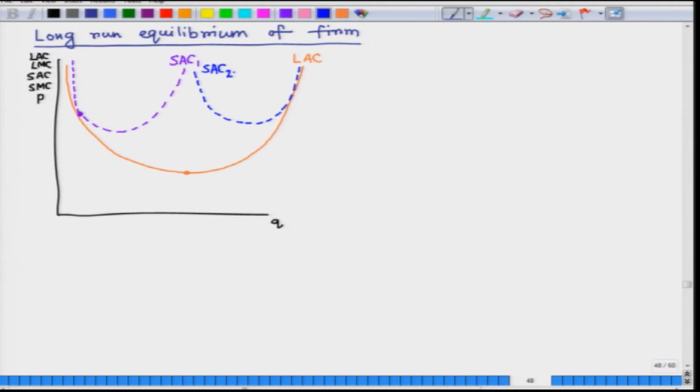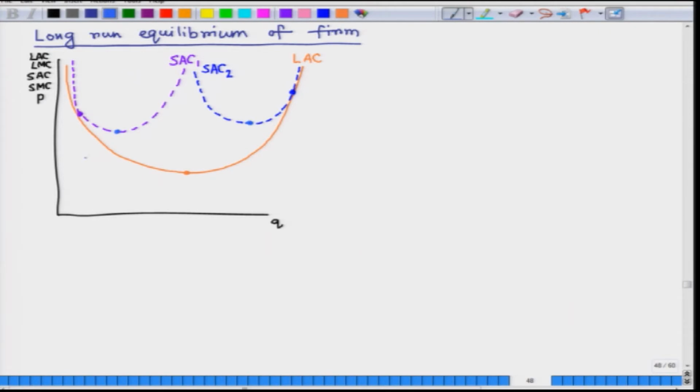This plant size 2 is larger than plant size 1. There will be a point of tangency here as well. Okay. Now, note that there are corresponding short run marginal cost curves which will pass through the minimum points of these short run average cost curves. So, let me draw them now.